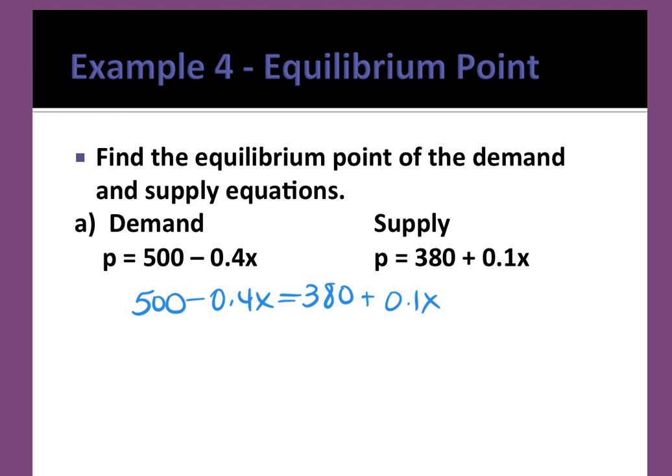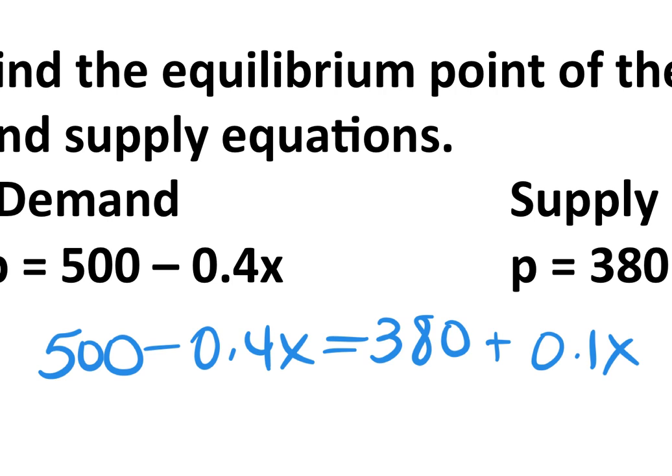Now there's decimals here, but you have a calculator. So if you have a calculator, you don't need to get rid of the decimals. If you don't have your calculator, I would say get rid of your decimals. This is where you have to be careful though. There are questions that you're going to come across that this one might say 0.04 and this one says 0.1. If they are all in one equation, so if I had a 0 here, what do you have to multiply to get rid of the decimal? 100.